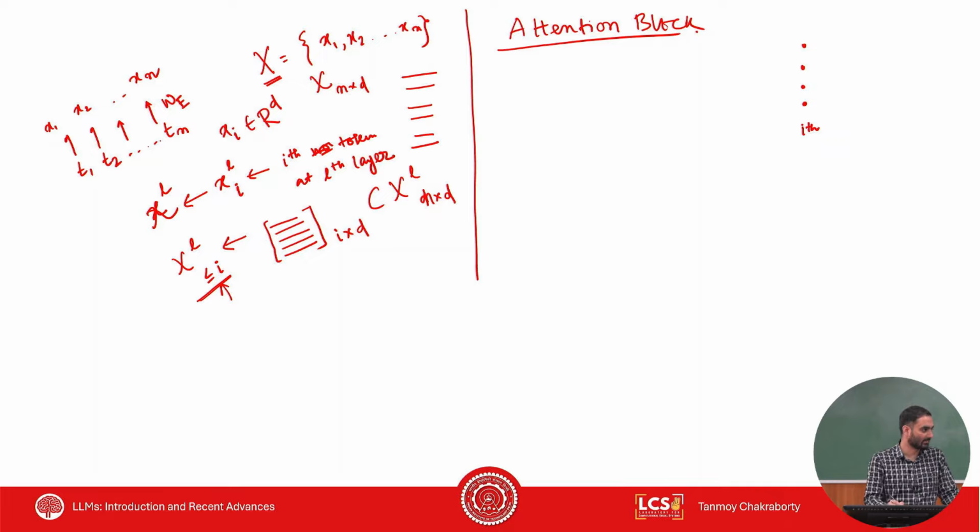The original dimension is D, and let's say the dimension of an individual head is denoted by H, right? For example, for the first head, the dimension is, let's say, 4. The second head, the dimension is 10. The third head, the dimension is 20. Generally, we use the same dimensions for the heads, which may not be the same as D, right? So H may not be the same as D.